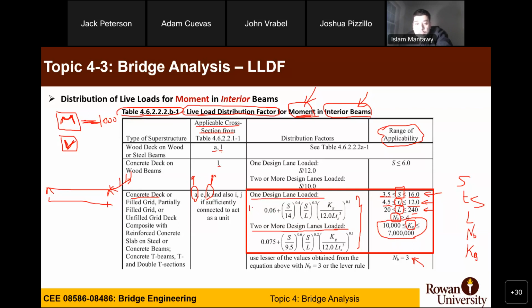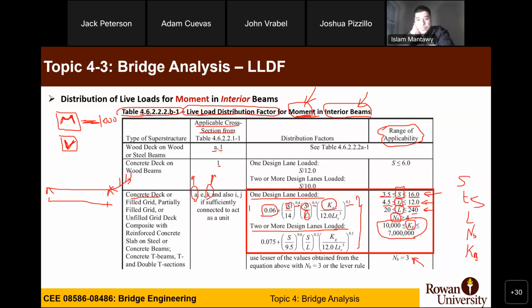The live load distribution factor for one design lane loaded is 0.06 plus (S/14)^0.4 times (S/L)^0.3 times (Kg/(12 L ts^3))^0.1, which is a very nasty equation, correct?